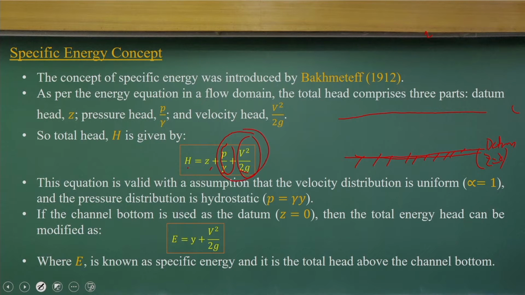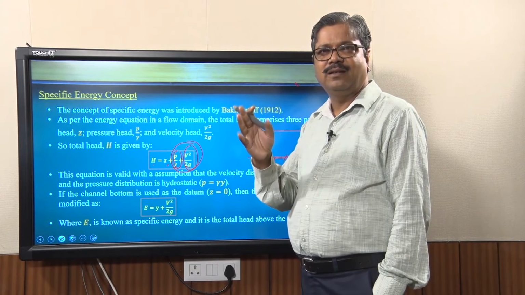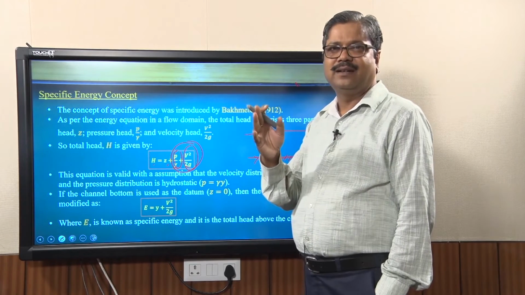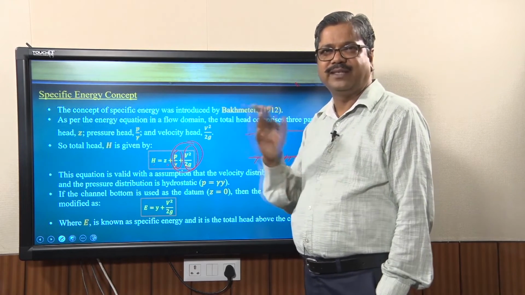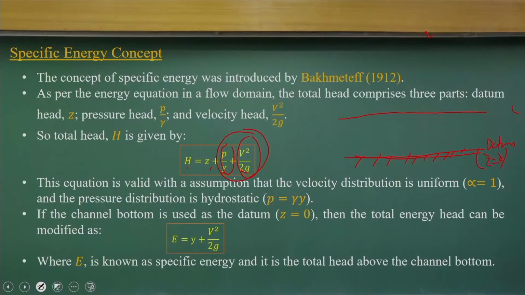The energy will have two components: the flow energy due to the pressure, and the kinetic energy, because of the flow. If you have these two energy concepts, and you consider the pressure distribution as hydrostatic, that means you are considering the pressure distribution as close to flow at rest.